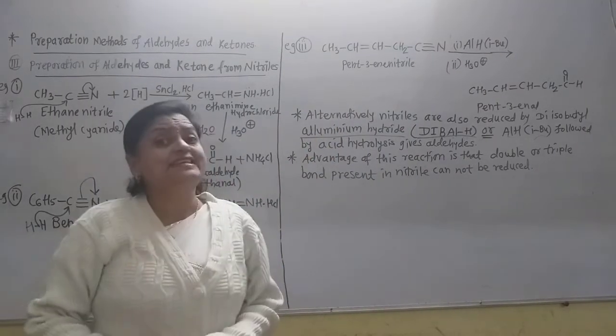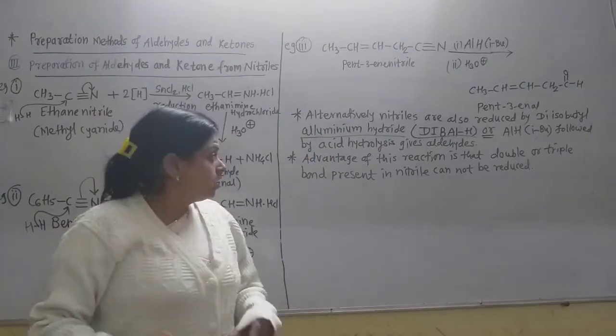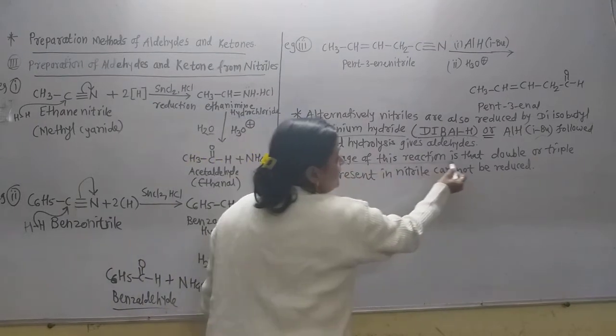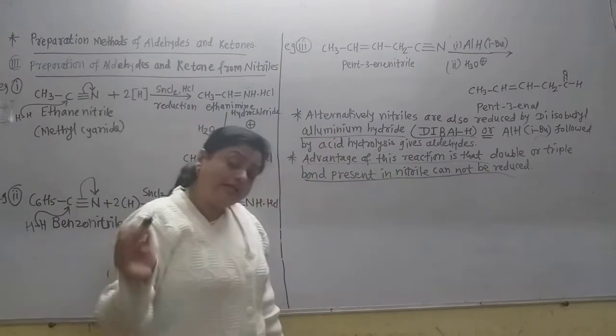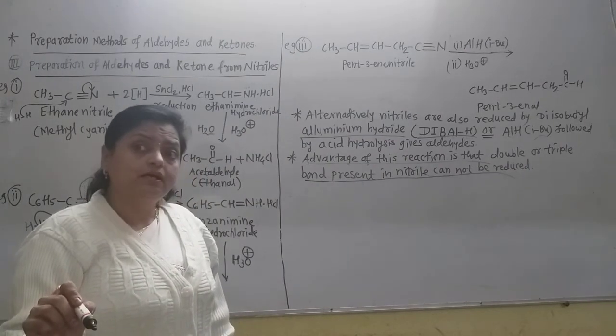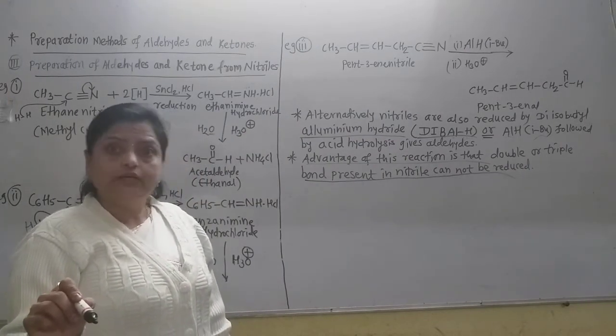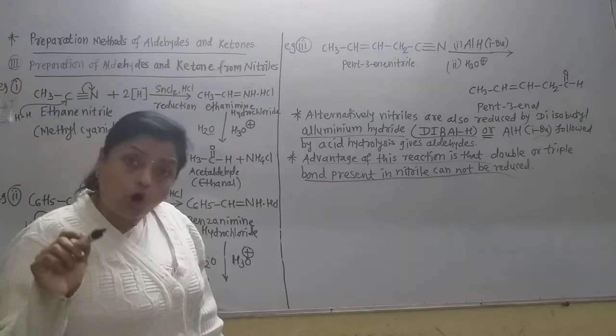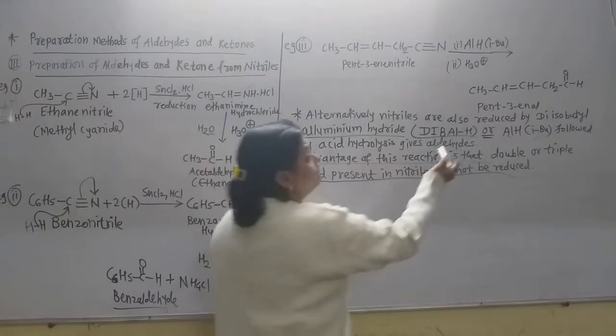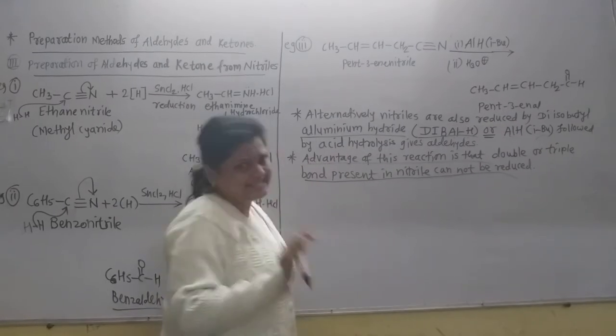The double bond remains as it is, that is restored. So the advantage of this reaction is that a double or triple bond present in the nitrile cannot be reduced. Only there is reduction of the cyanide group. And therefore we obtain such aldehyde in which that double bond remains as it is.